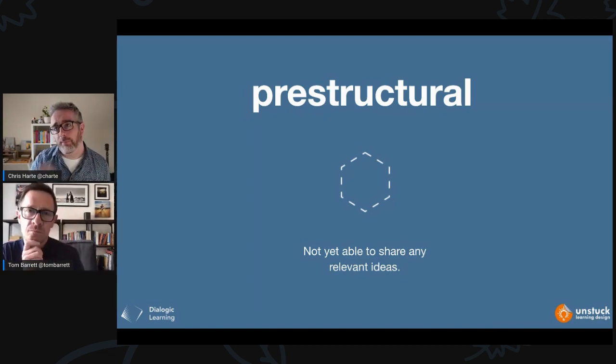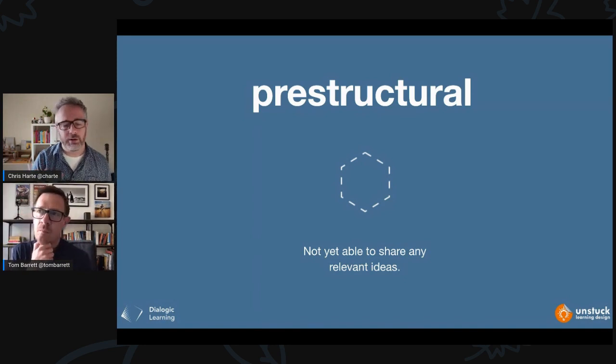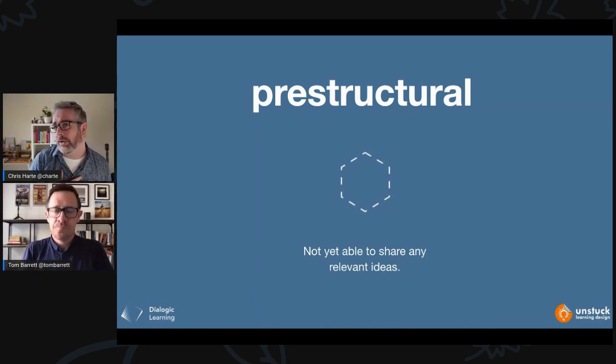I was just thinking from my point of view as an educator, I've just done my concept bubble on geography and plate tectonics. If I say to a student, we're looking at plate tectonics and the impact on geological activity, and they look at me blankly because none of those words connect with them, then that's a really good example of them being at a pre-structural level. And it's fine. It's a great place to be. It means there's new learning to come.